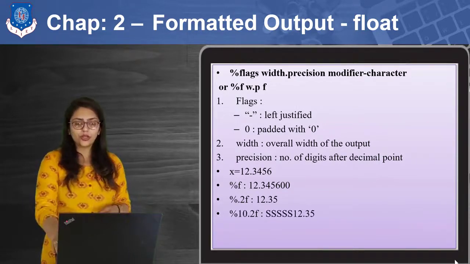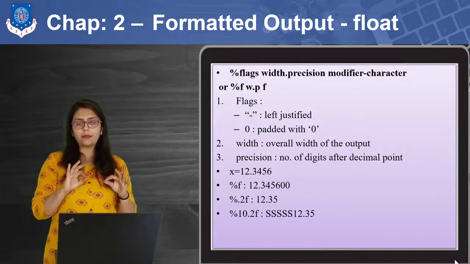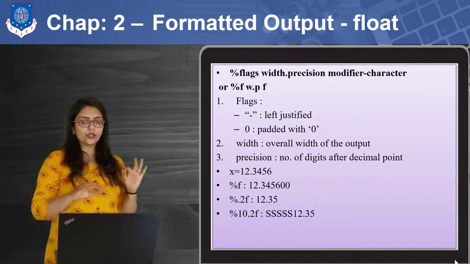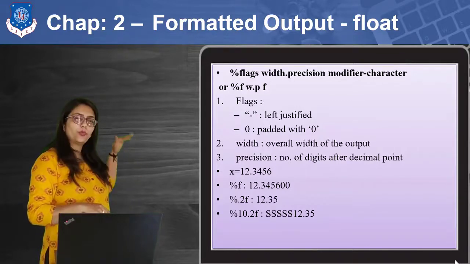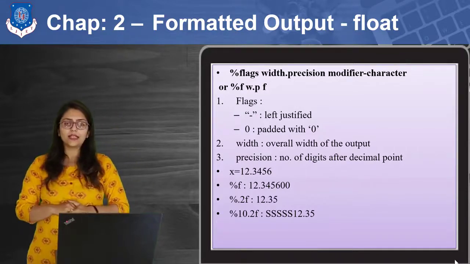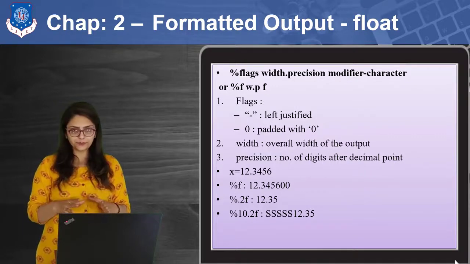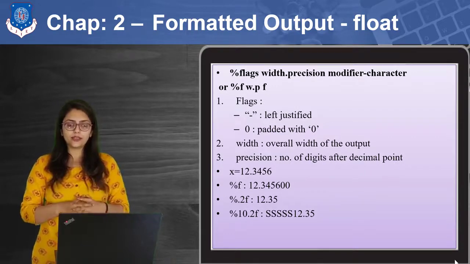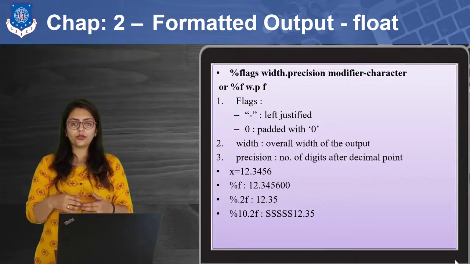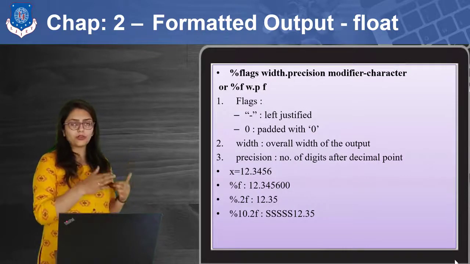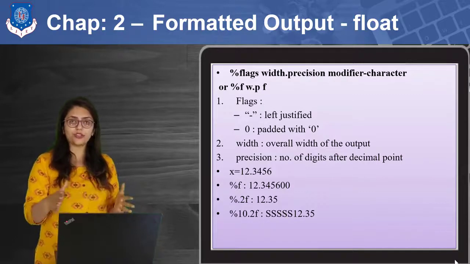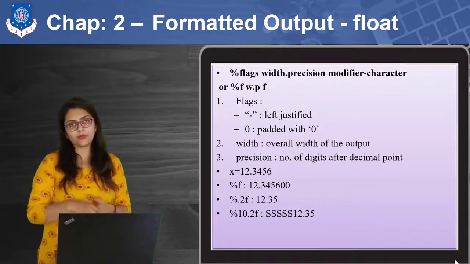Right. Now, if I am writing %10.2f, if you compare this expression with the general expression, you know that 10 is the total size and 2 is the precision, that is how many digits you want after the decimal point.